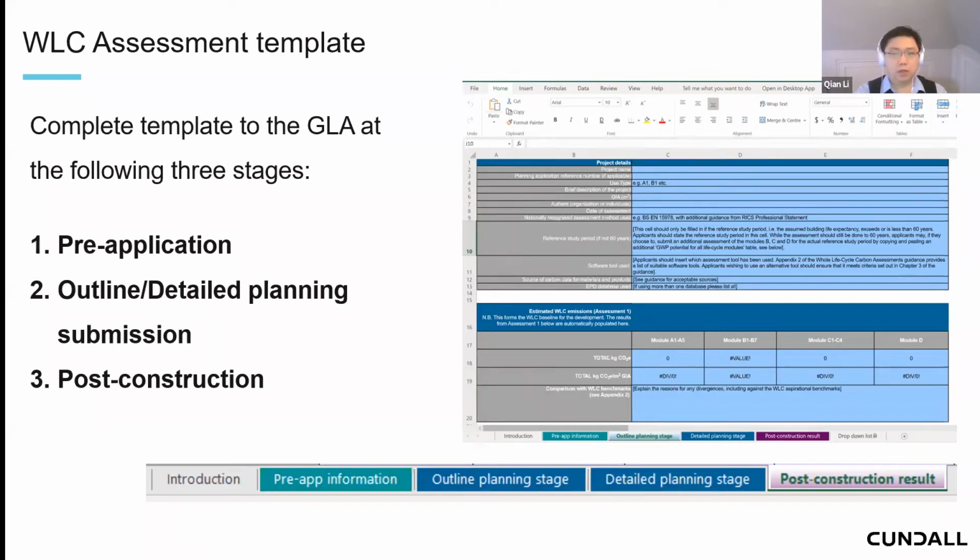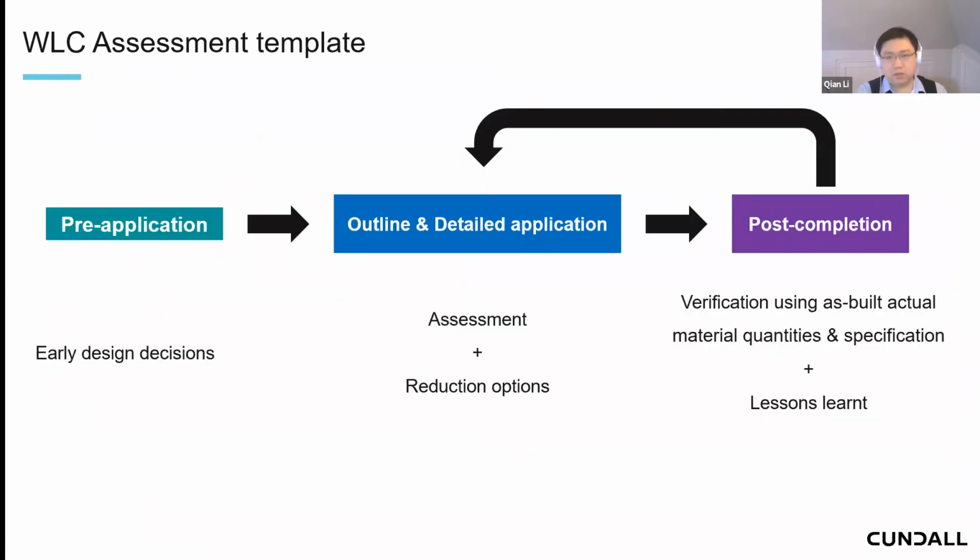You need to provide information at your pre-app and also outline and detailed planning stage. And also more importantly, you need to provide a post-construction or post-completion update after the project is completed, which in a simplified diagram is something more like this.